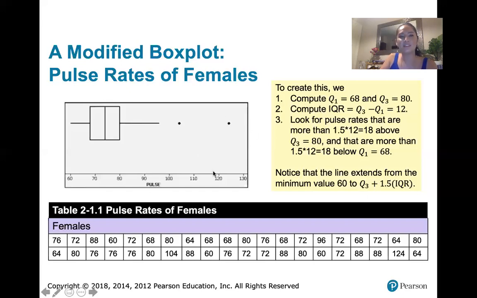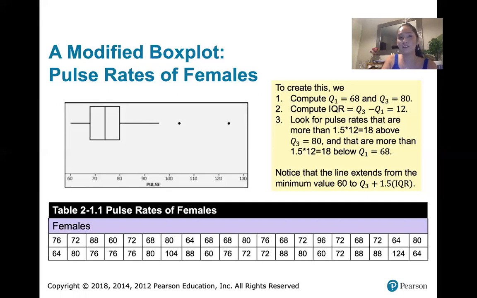So if you see something that looks like this, or maybe instead of a dot or a point plotted, they've got an asterisk, that's a modified box plot. And that is identifying outliers in this very specific way. Before, we were just saying that outliers were numbers that were very far from all the other values, very high or very low. And you might say, what do you mean by very high?